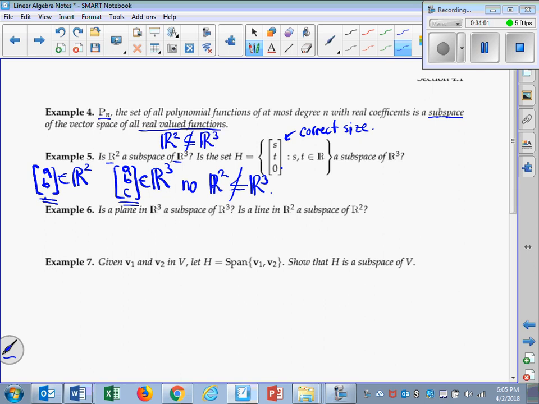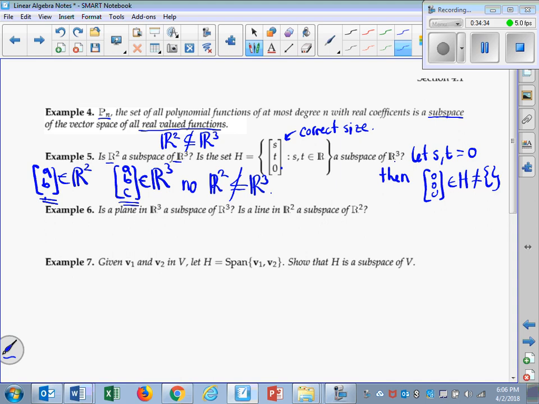It doesn't even contain any of the same vectors. So we can't say that it's even a subspace. But here, in this next one, H is at least the same size as R3. So now the question, is it a subspace? Well, let's go through the three properties. Is H non-empty? Well, let S and T equal 0. Then the 0 vector is in H, and H is non-empty. Okay, so we've done part A.